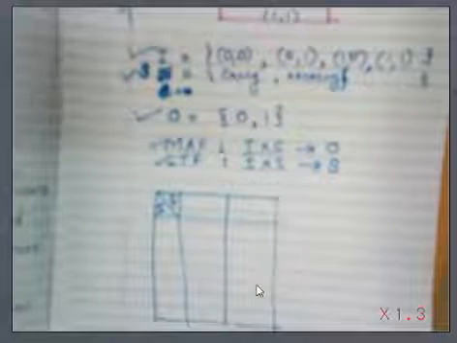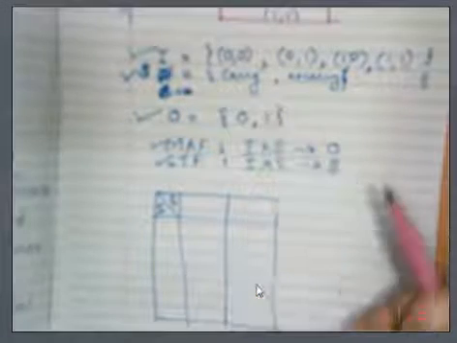Since I am now aware of what is my I, what is my S and what is my O, that is output, I only know the values of 0 and 1, but I don't know where to put what. So very first I will copy all this here. So 0, 0.